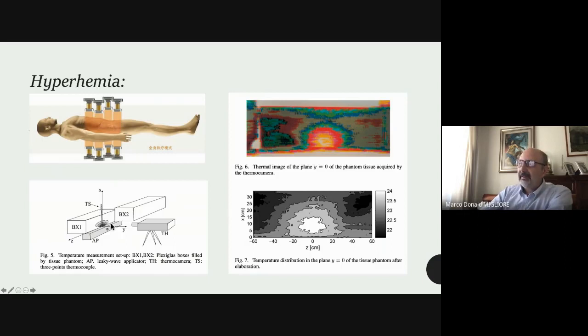This is an example of a simulation of temperature distribution in the tissue, and this is a measurement using a thermochamber in a phantom, and in this way we use the permittivity of the tissues measured as a function of the temperature in order to obtain some numerical simulation of the increase of the temperature.